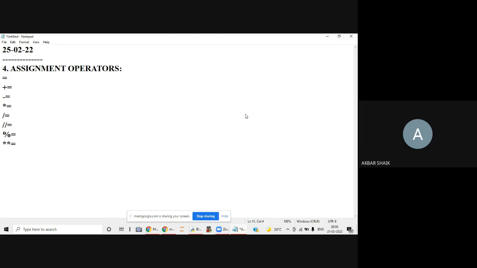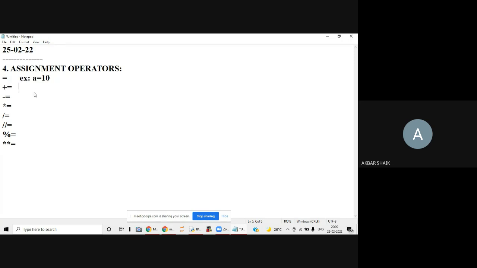So these are all assignment operators. Equals to means assigning some value. For example, here, a equals to 10. What is the meaning of a equals to 10? Simply I am assigning 10 to a. That is nothing but assignment.